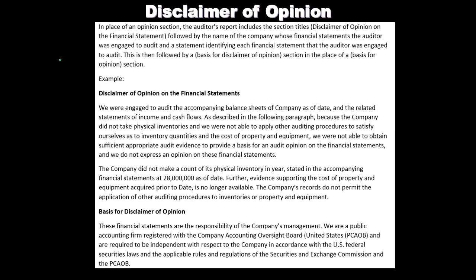Disclaimer of opinion on the financial statements. We were engaged to audit the accompanying balance sheet of the company as of the date and related statements of income and cash flows.